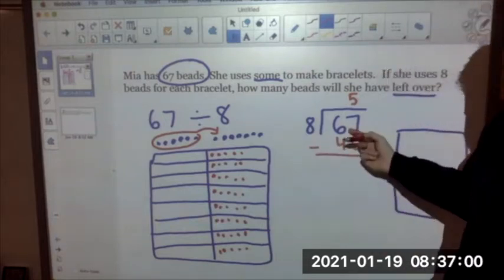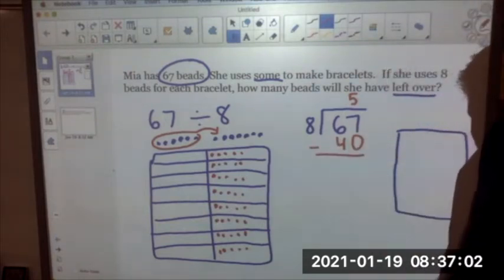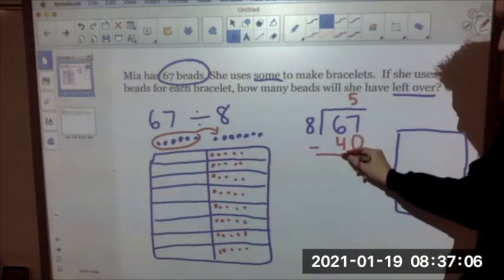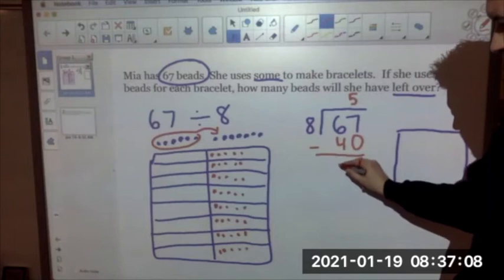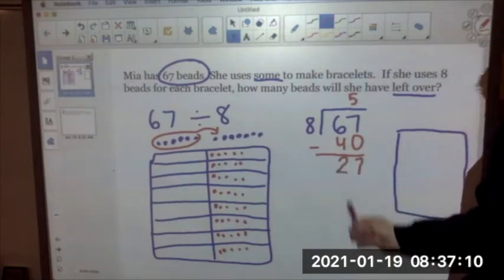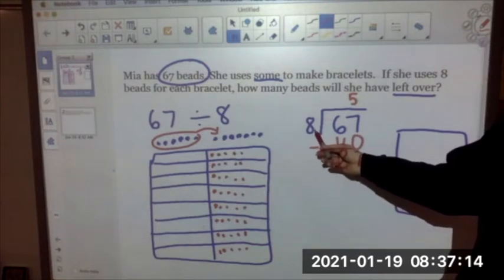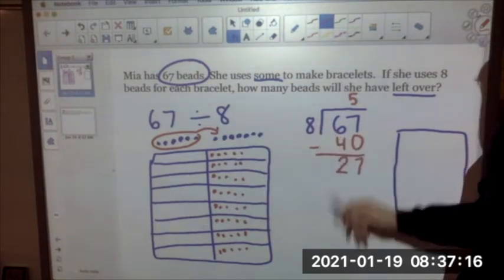It's not bigger than 67. So that fact works for me. I subtract. 6 minus 4 is 2, so I get 27. Once again, this is still bigger than my divisor, so I got to keep going.